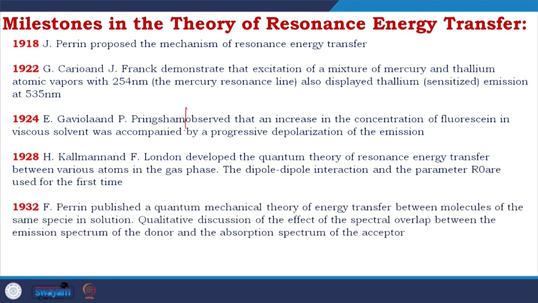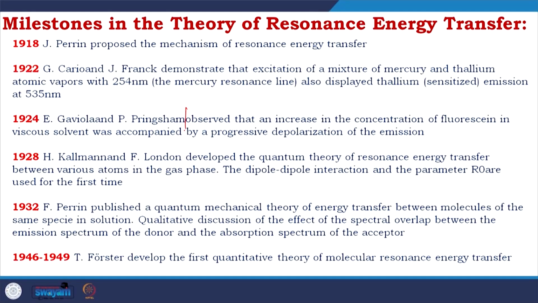In 1932, F. Perrin published a quantum mechanical theory of energy transfer between molecules of the same species in solution, with a qualitative discussion of the effect of the spectral overlap between the emission spectrum of the donor and the absorption spectrum of the acceptor. So, the first concept came.